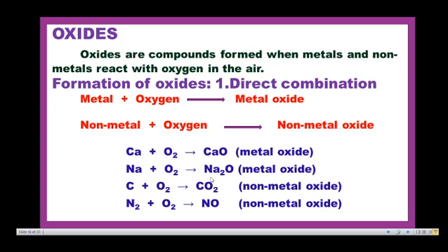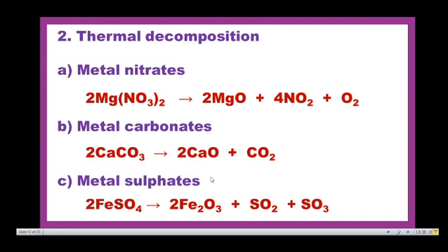Carbon and nitrogen are non-metals, they produce non-metal oxides: carbon dioxide and nitric oxide. And oxides are also formed by thermal decomposition reactions. Either they combine directly with oxygen, or oxides are formed by decomposition reactions also.